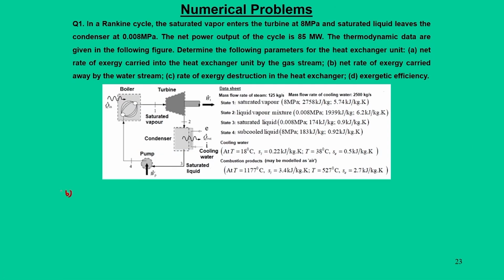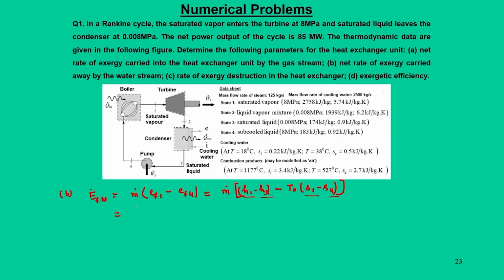So, next part is for the steam. You say E dot F W, that is the net exergy carried away by the water streams, that is m dot, here you have to use the mass flow rate for steam, times the exergy of the steam at state 1 minus the exergy of the steam at state 4. This can be rewritten similarly as m dot times H 1 minus H 4 minus T 0 into S 1 minus S 4. We have all the data of enthalpy at states 1 and 4, and entropy at states 1 and 4.